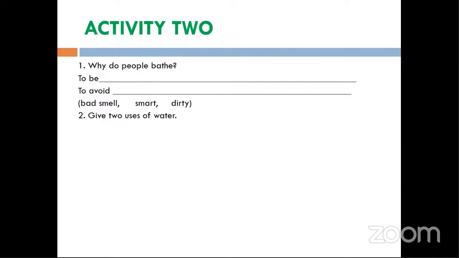Mark? Washing hands. For washing hands. What about Nathan? What is the use of water? Washing face.